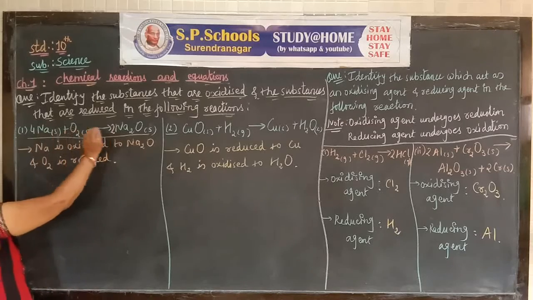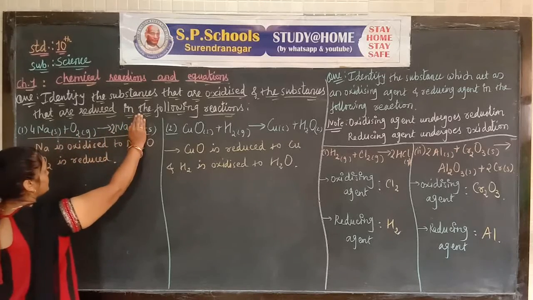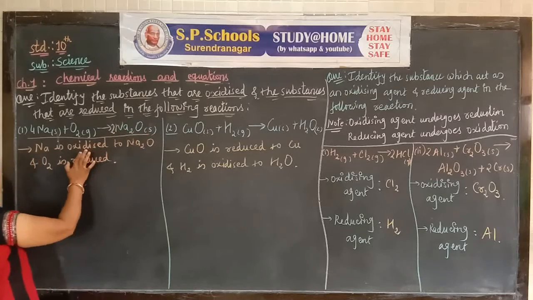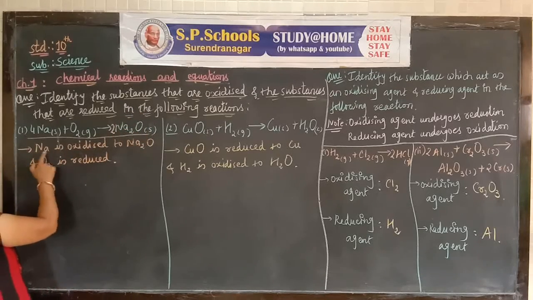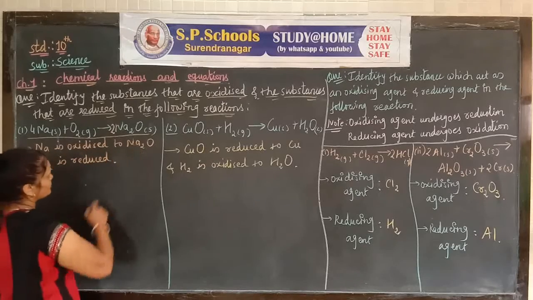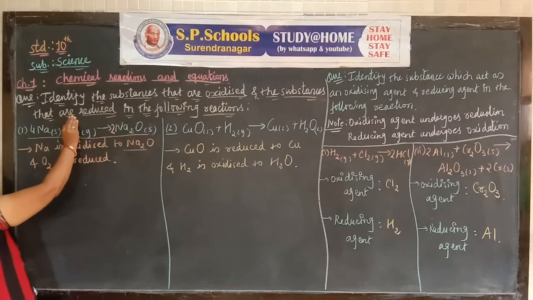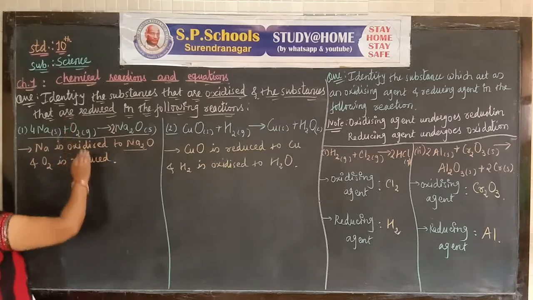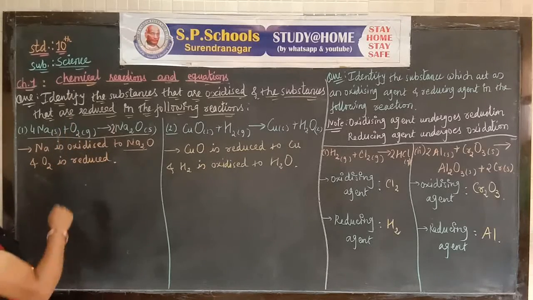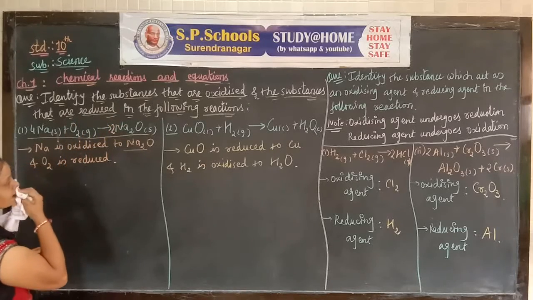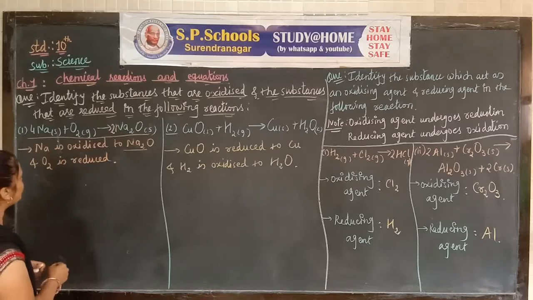Here Na gains oxygen, so it is oxidized. So Na is oxidized to Na2O, and O2 is reduced in this reaction. As per the question, identify the substances that are oxidized and the substances that are reduced.